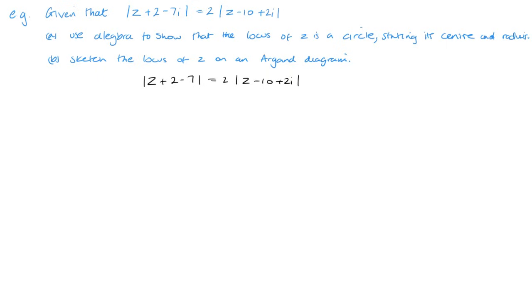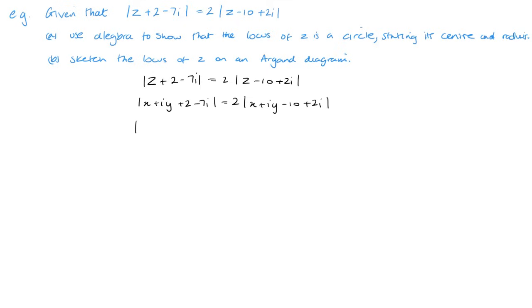And then I'm going to replace the z with x plus iy. So that's going to become x plus iy plus 7i, minus 7i, equals 2 times x plus iy minus 10 plus 2i.